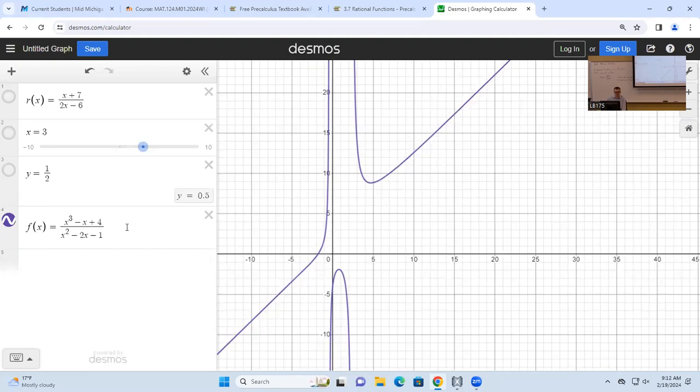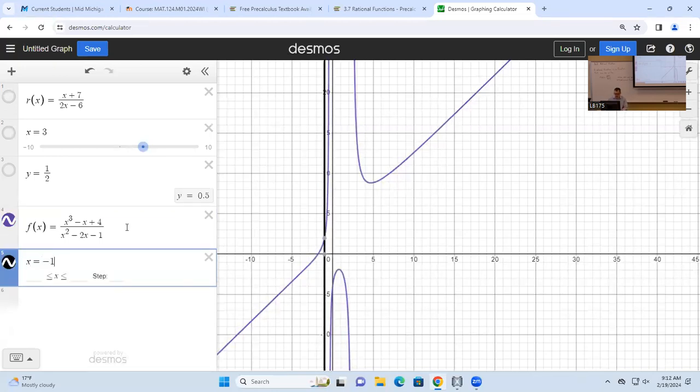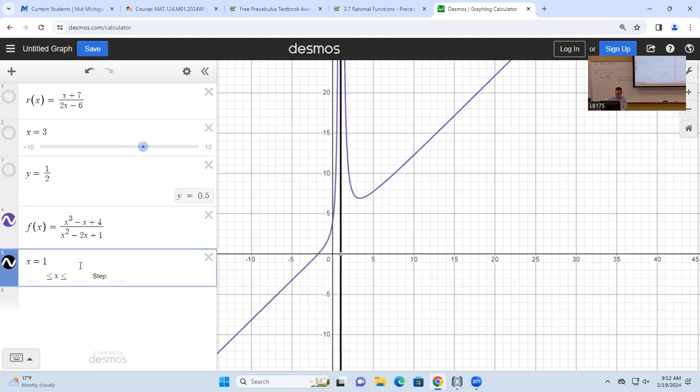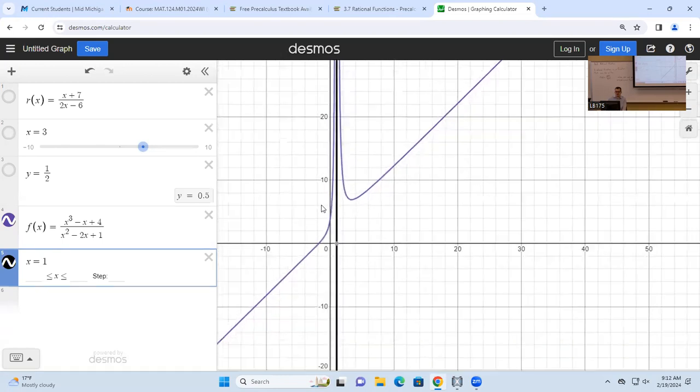All right. One of those vertical asymptotes is at, I believe, negative, no, not that one. Oh, you know what? I screwed that up. I should have put plus 1. Sorry. x equals 1, I'm sorry. This is the same type of thing, I just missed a plus-minus sign.